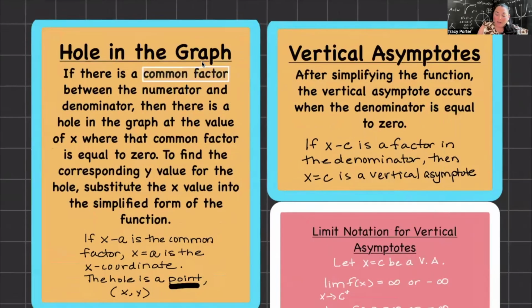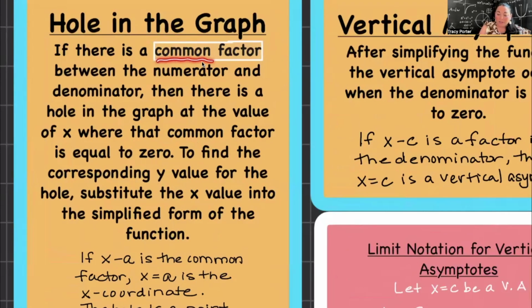Now, if there is a common factor, which means you had to cancel out a common factor in order to simplify, that common factor is going to tell us where to find the hole in the graph. So wherever the common factor is, if you take that common factor and set it equal to zero, whatever x value makes that factor equal to zero is going to be the x value of where the hole in the graph is.